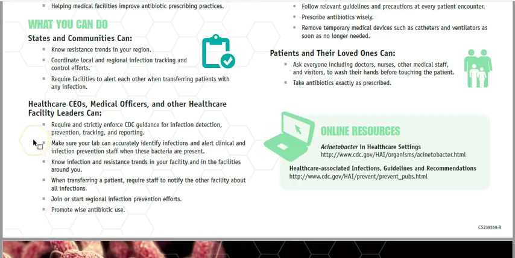Make sure your lab can accurately identify infections and alert clinical and infection prevention staff when these bacteria are present. Know your infection and resistance trends in your facility and in the facilities around you. When transferring a patient, require staff to notify the other facility about all infections. Join or start regional infection prevention efforts. Promote wise antibiotic use.